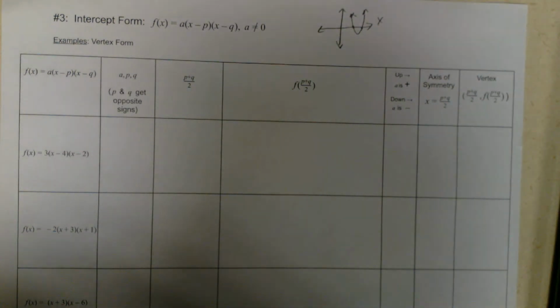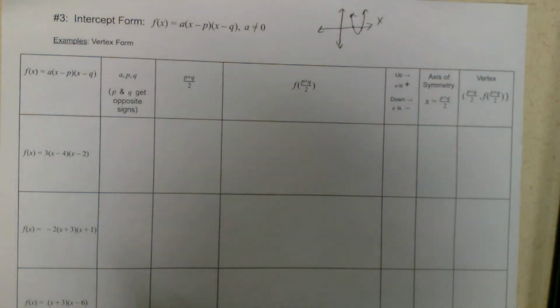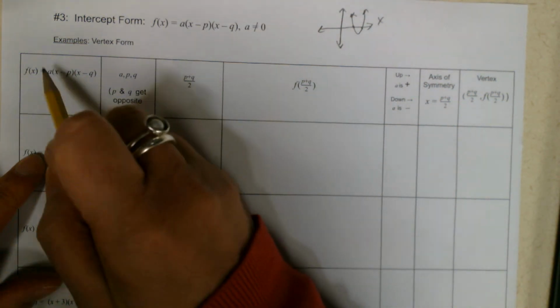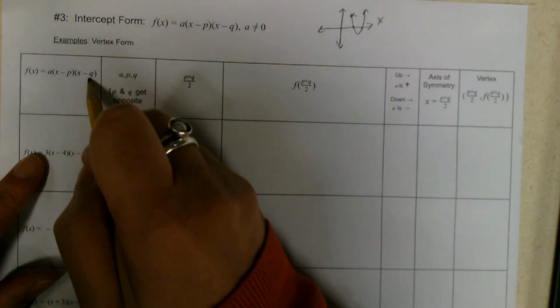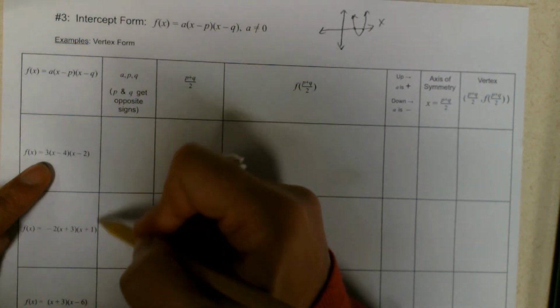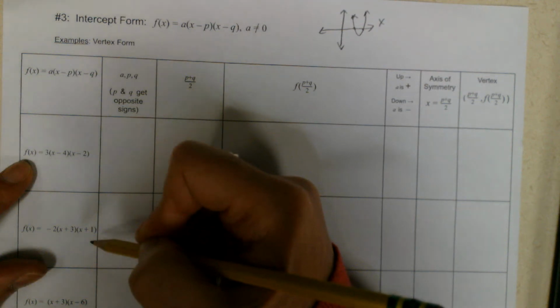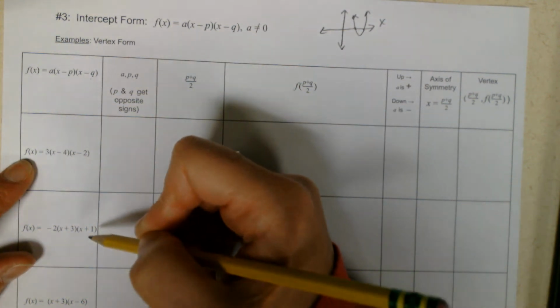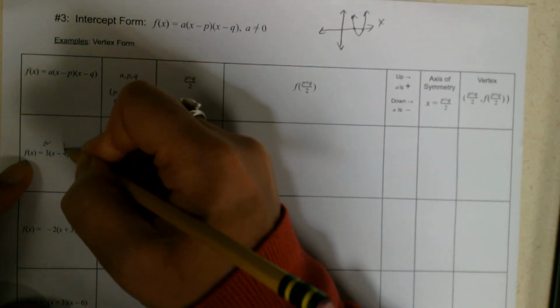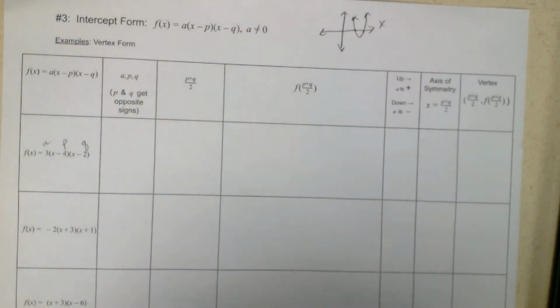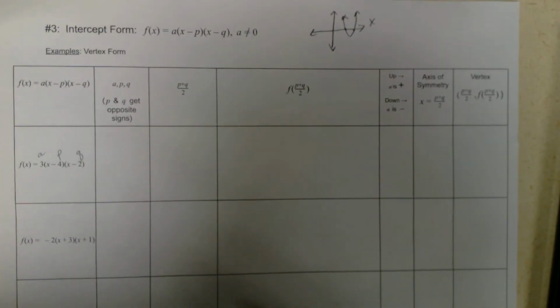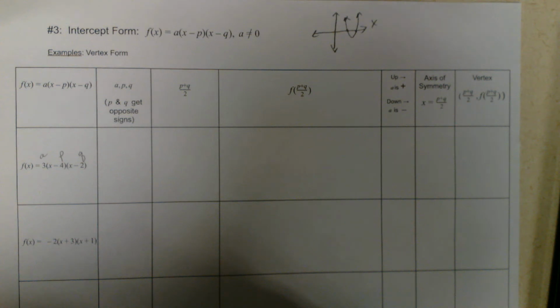Let's look at what information this form provides us. Again, a, p, and q are going to be numbers. And our first one, first of 3, we have f of x equals 3 times the quantity x minus 4 times the quantity x minus 2. So we have a, p, and q. Now I'm hoping that you remember, and that you're going, oh no, I'm going to have to remember the opposite.